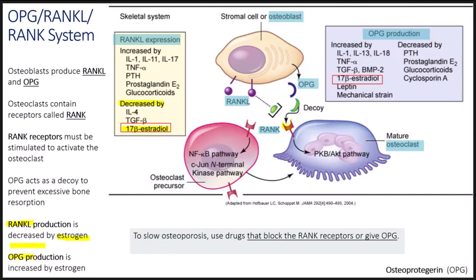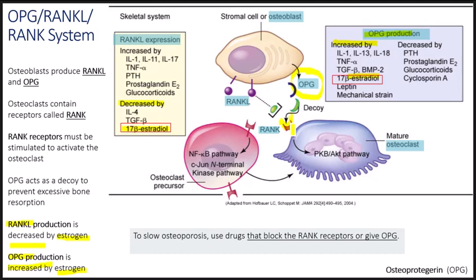OPG production is affected by estrogen differently. With OPG, its production is actually increased by estrogen. And we can see that here, increased by estrogen. OPG, remember, is that decoy that's produced as well by the osteoblasts that will go and block this site.